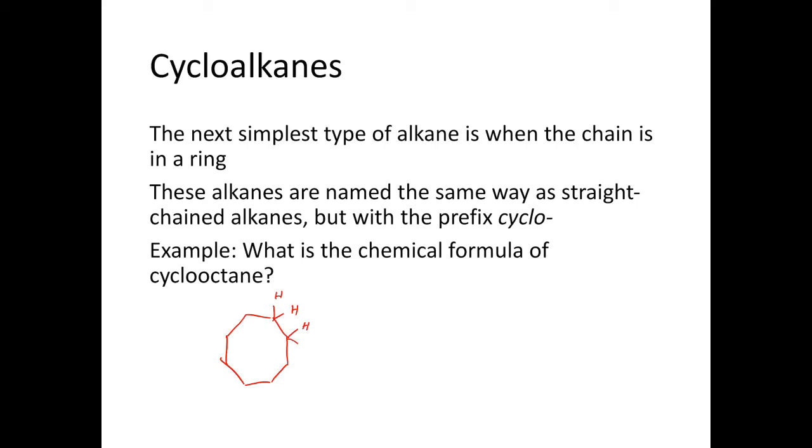And now because you've connected the ends of the carbon chain, there's no longer those extra 2 hydrogens at each end. And so the formula for this guy is just C8H16, or in its general form, CnH2n. That's the general formula for a cycloalkane.